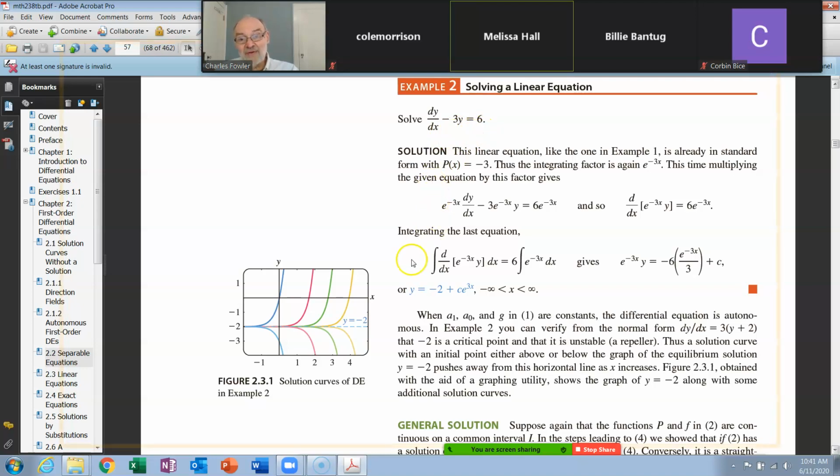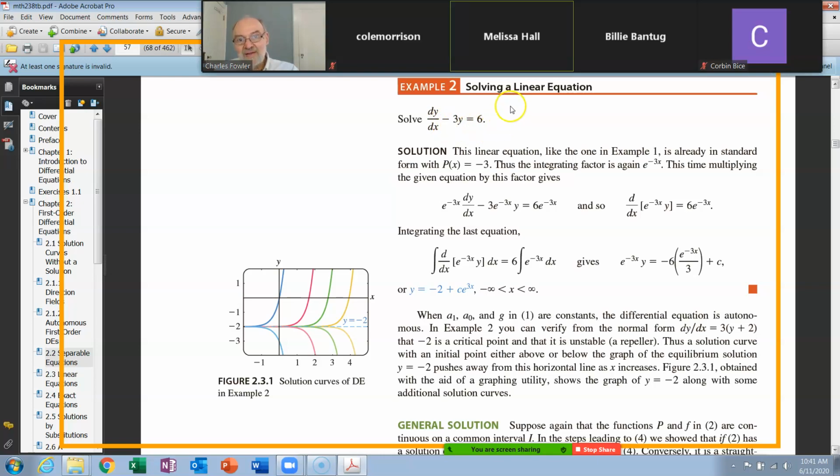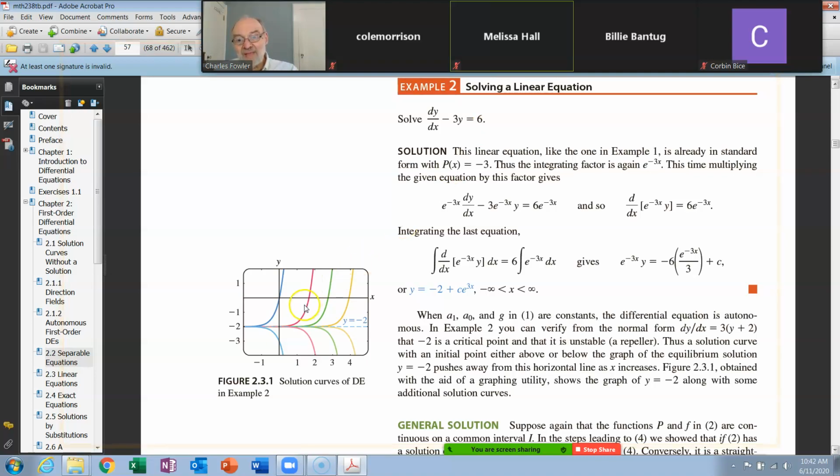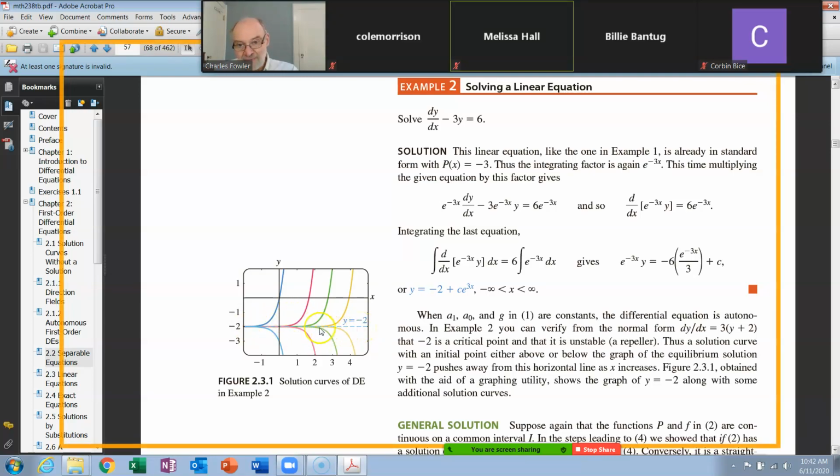Remember when we talked about those, we would have then said that if you had added 3y to both sides like we did, and it said dy/dx is equal to 3y plus 6, factor out the 3, that would have been 3 times y plus 2, which would have given y equal to negative 2 as your critical value, okay?